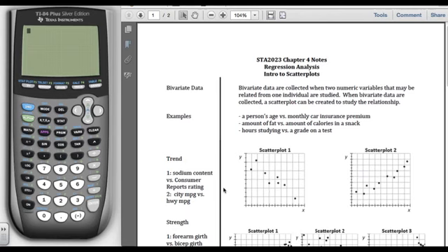In this first video covering material for Chapter 4, we're going to look at an introduction to scatterplots. Back in our earlier chapters, we discussed categorical data compared to numerical data. In Chapter 4, we're going to add another type of data, which is bivariate data.